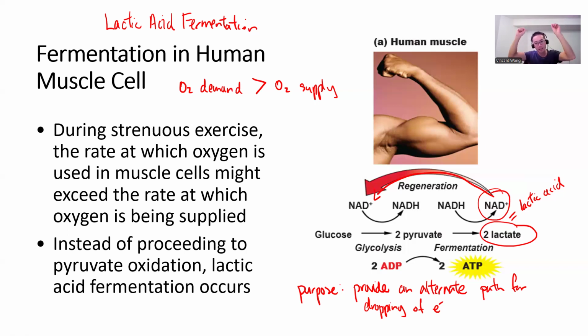Your body's about to give up, but you can still hang on an extra 5, 10 seconds. That extra 5, 10 seconds is powered by lactic acid fermentation. And that's why you cannot go on any further, because 2 ATP, while it's something, is not enough for continuously sustaining the motion any further.